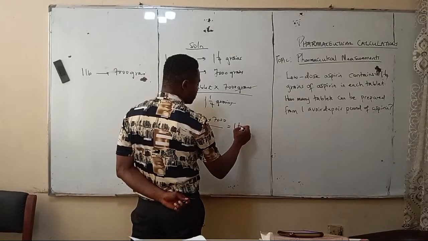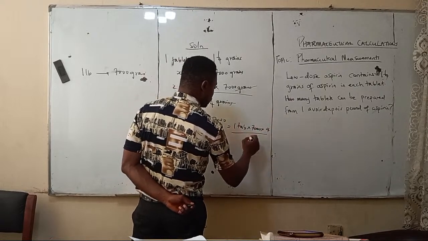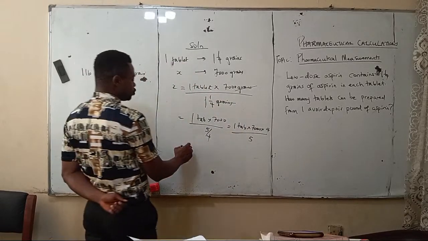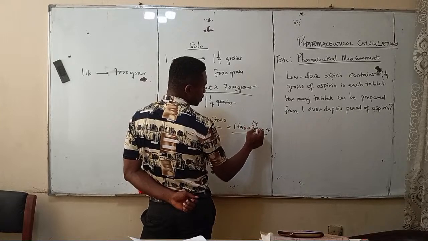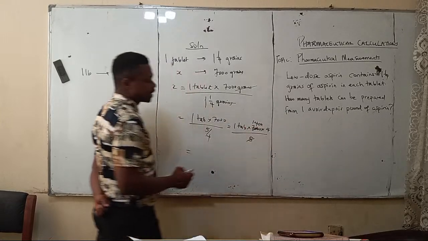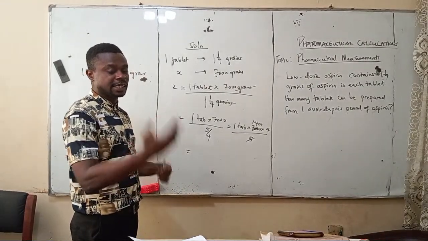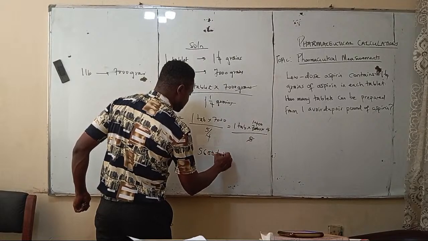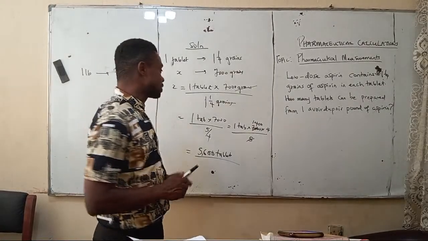Remember the laws of fractions. The 4 will come up, so we have 1 tablet times 7,000 times 4, all over 5. 7,000 divided by 5 is 1,400. So we have 1,400 times 4, which gives us 5,600 tablets.